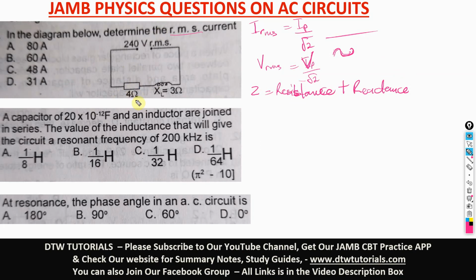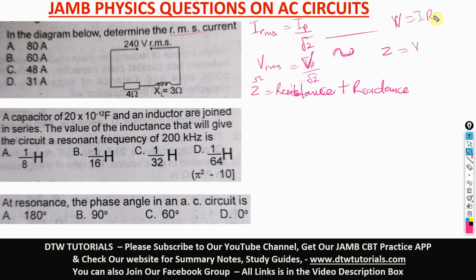If you had two resistors here, you would have to find the total resistance. So impedance is the combination of your resistance and your reactance. Now we have to find the impedance of this circuit. Remember, V is equal to IR by Ohm's law.